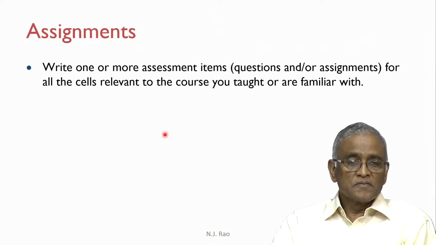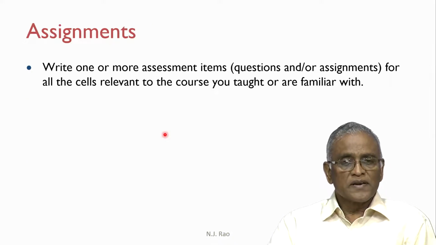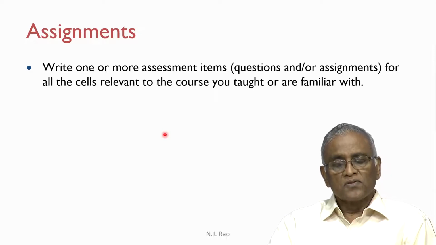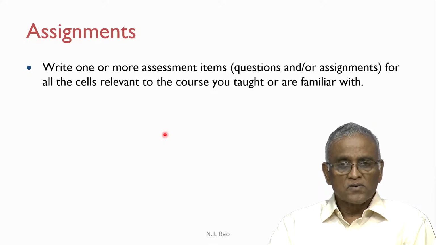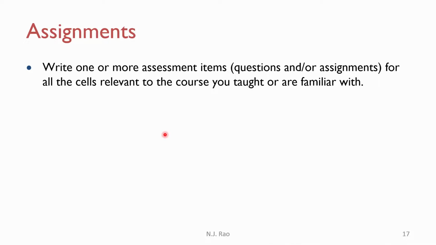You have before you 6 by 8, 48 cells. In any course that you are dealing with, I am sure that you are unlikely to use all the 48 cells. So, whichever cells you consider relevant to the course that you have taught or are familiar with, write 1 or more assessment items that can be tagged and put in that particular cell that you have chosen.